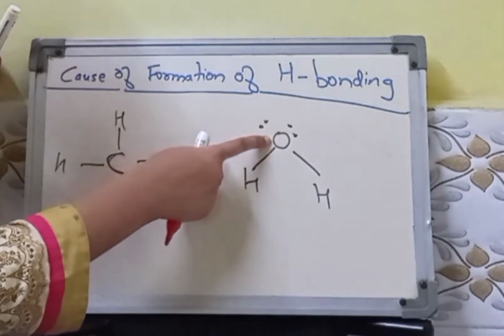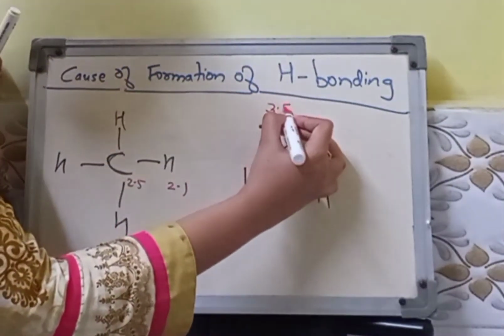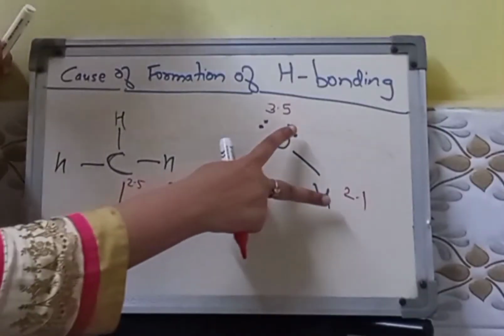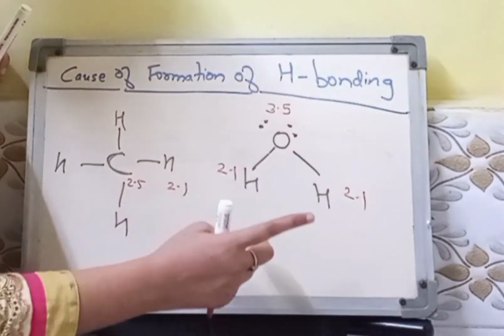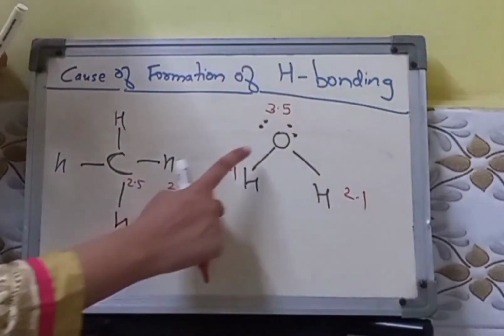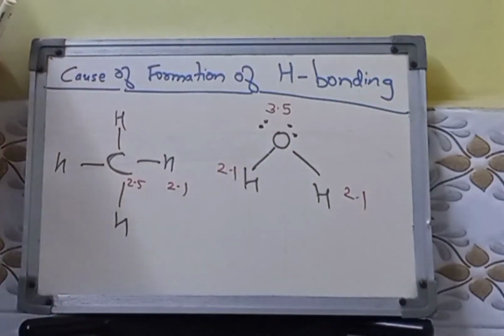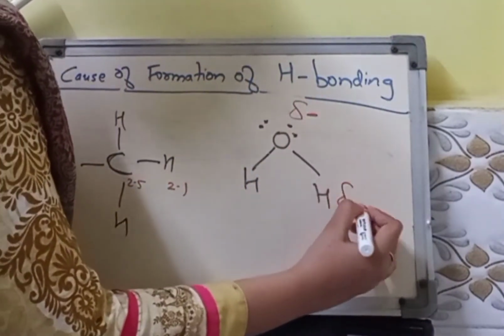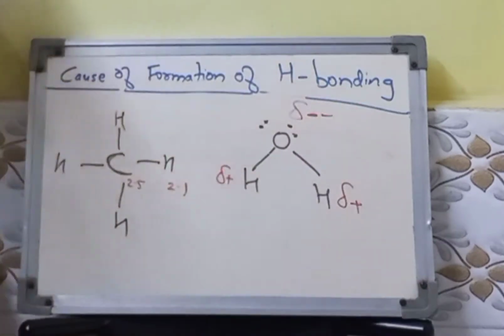that is oxygen. Everyone knows its electronegativity value is 3.5, and this is 2.1. So there is quite a great difference in the electronegativity values. There is a shift of electrons. These bonded electrons will be pulled towards your oxygen. There will be development of partial negative charge on your oxygen and partial positive charge on your hydrogen.